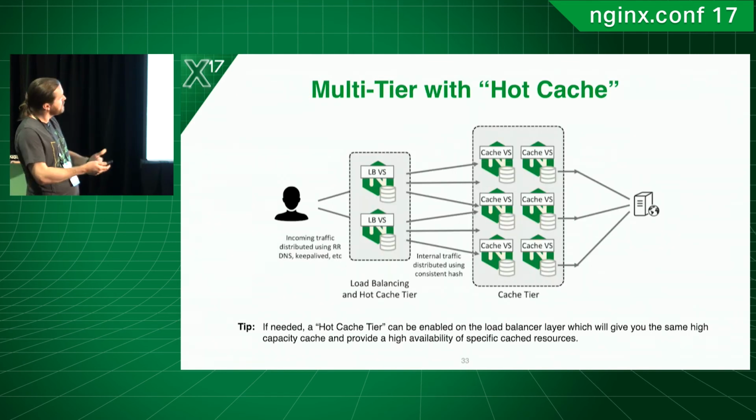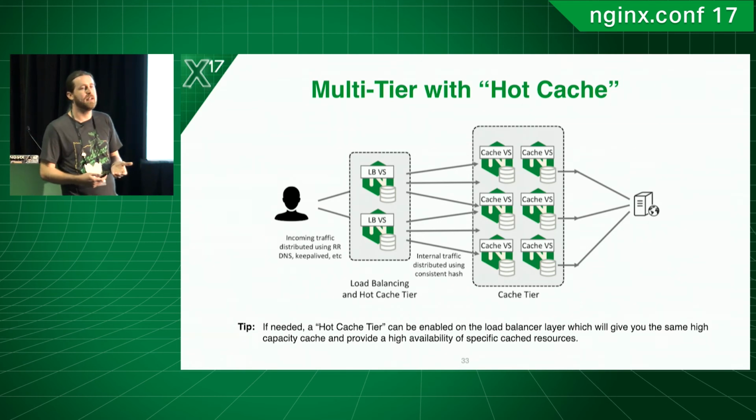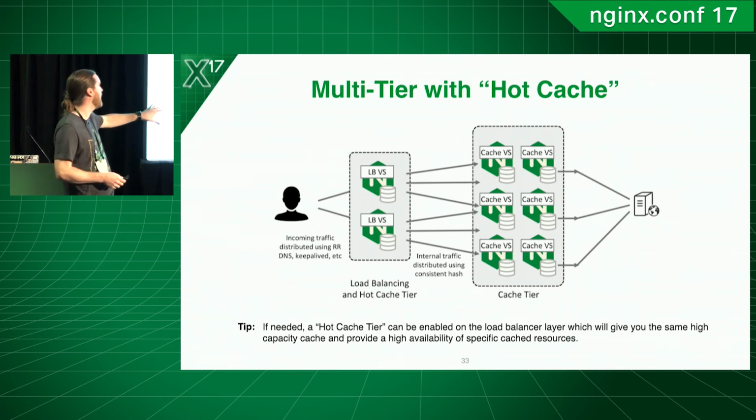And then you can even go a step further and take the sharded approach, and you can split your cache. So you can still do load balancing, and you can do caching on that separate tier. So you could do something like, things that are really important that need to be cached, that are considered a hot cache, maybe you want to utilize in-memory cache.